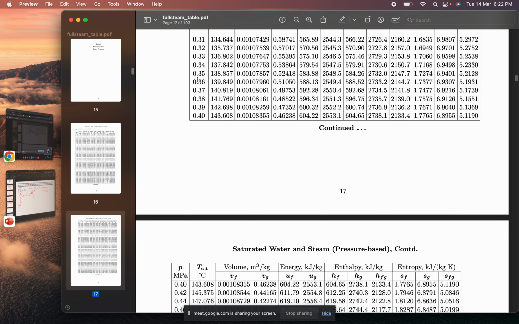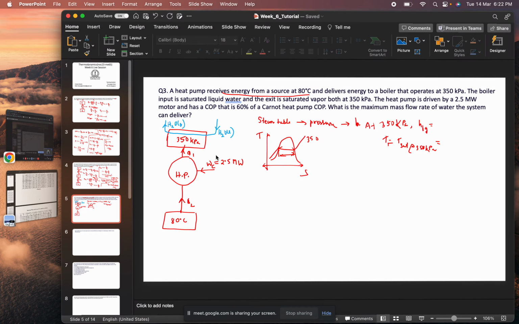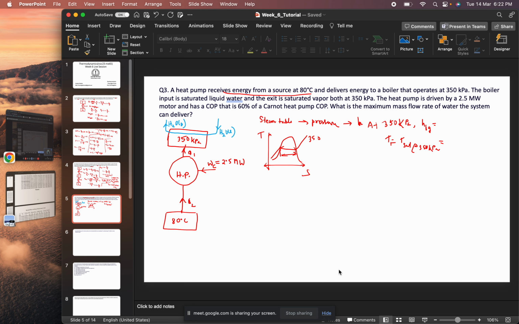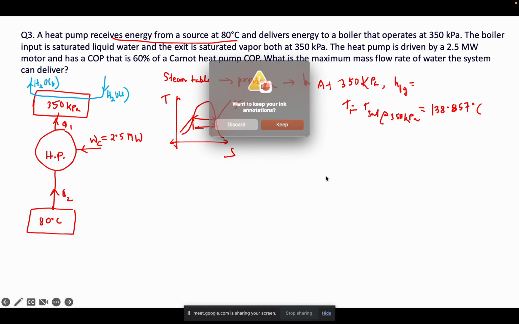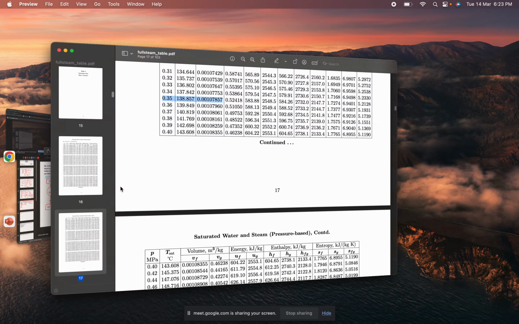So this is my 0.35 megapascal, and here my T saturation is 138.857 degrees Celsius.